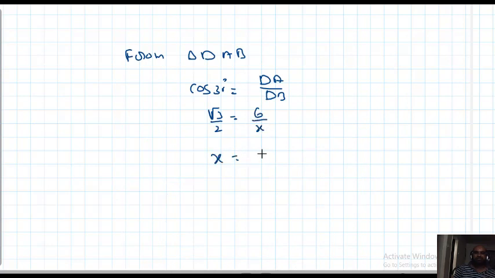So x equals 12 by root 3, that is equal to 3 into 4 by root 3, that is 4 root 3.